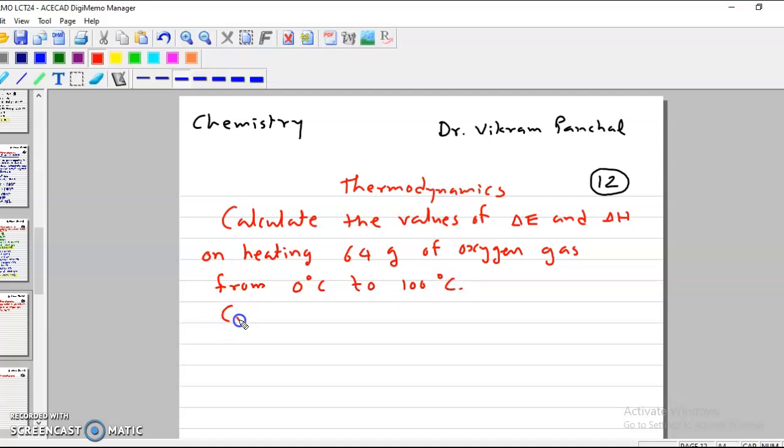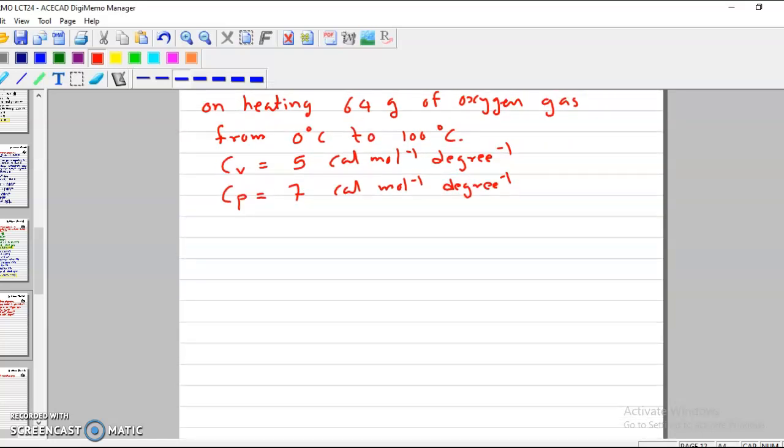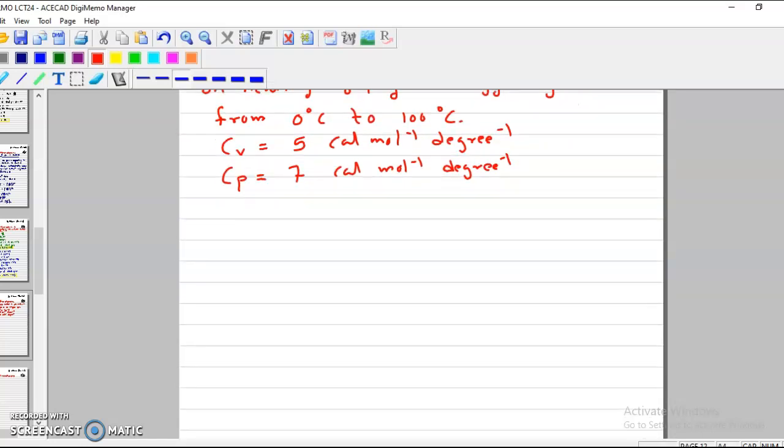Heat capacity at constant volume is 5 calorie per mole per degree, and heat capacity at constant pressure is 7 calorie mole inverse degree inverse. So we have to find out delta E and delta H from this given data.